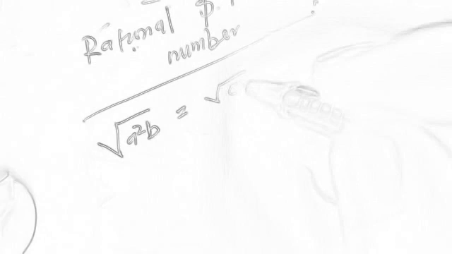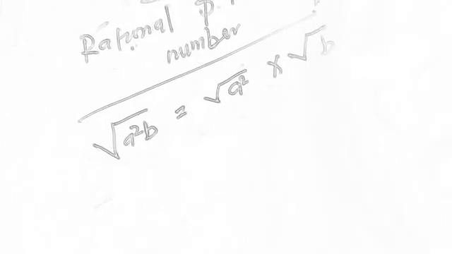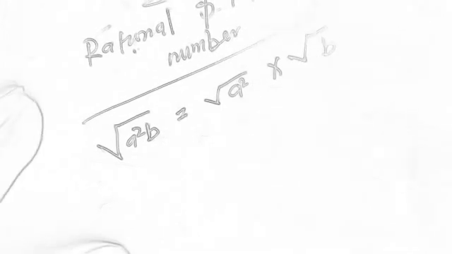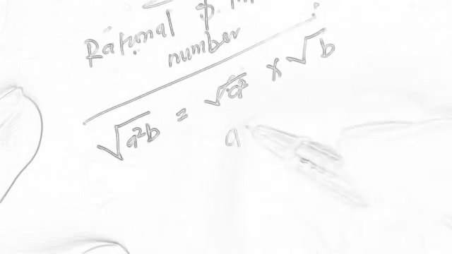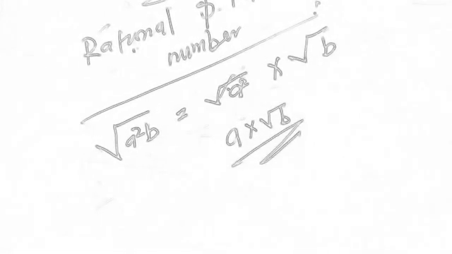Simply, we divide this into two square roots, right? Are you getting it now? Square root cancels square root, so we have square root a times square root b. Very simple.